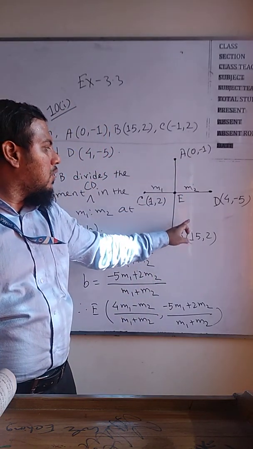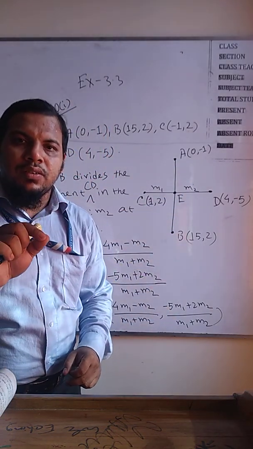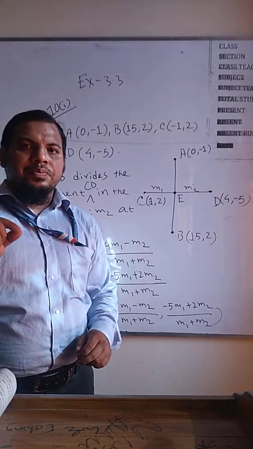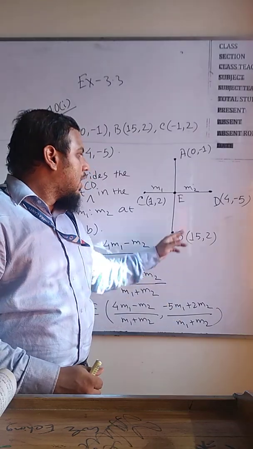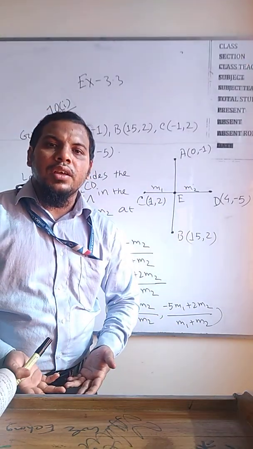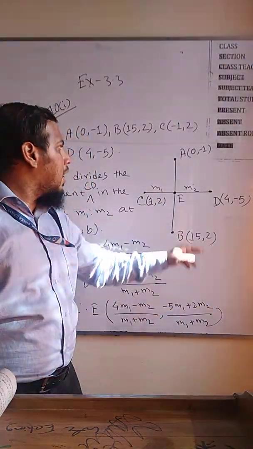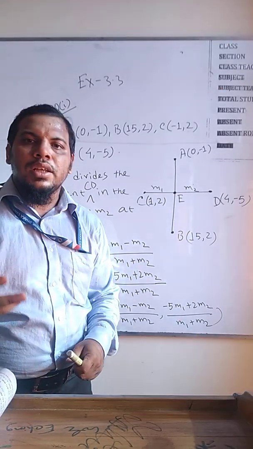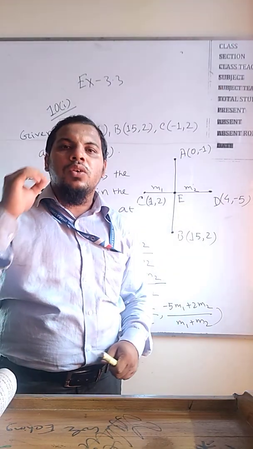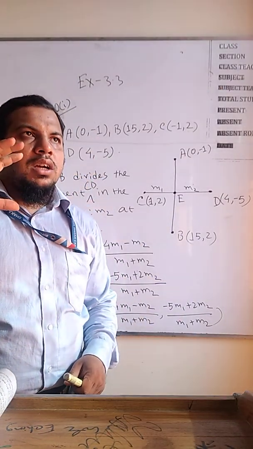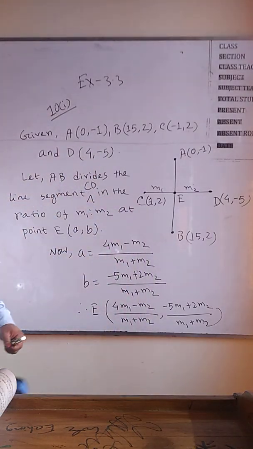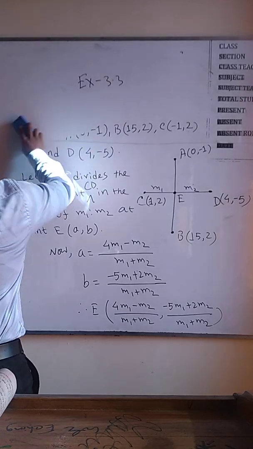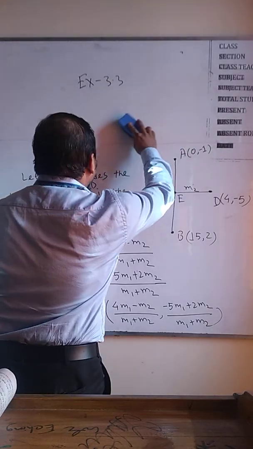So A, E, B are collinear, and we will consider the area to be 0. Now we are putting in the values.